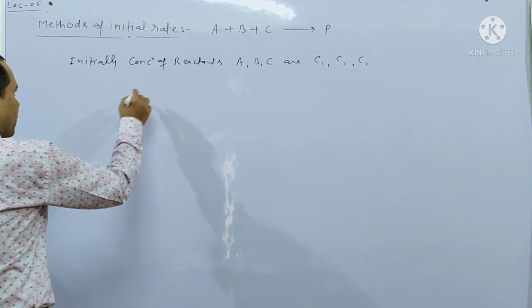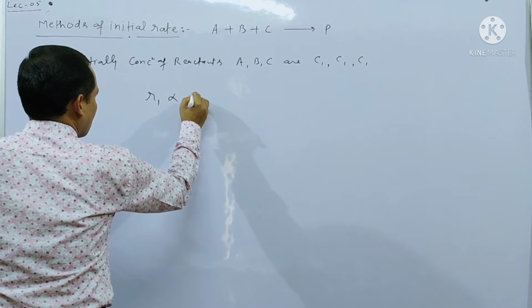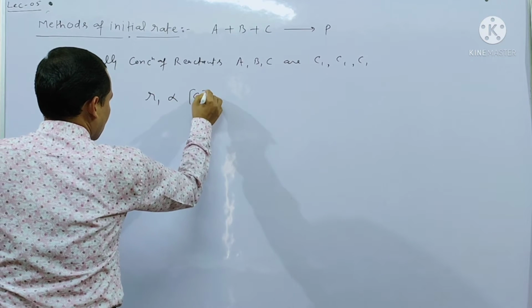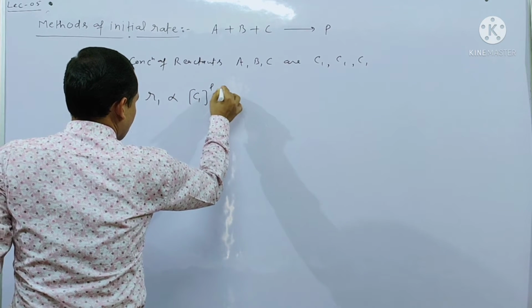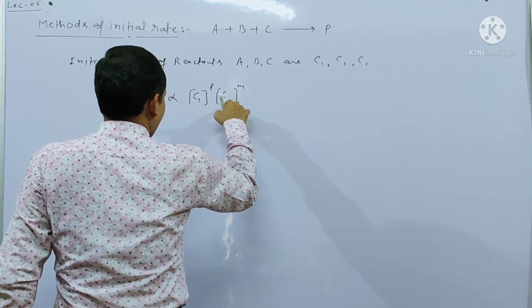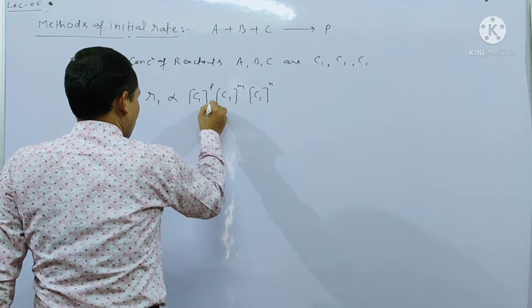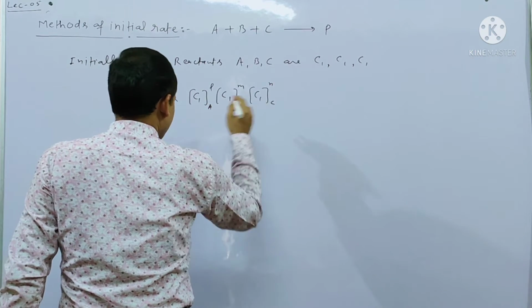Then we can write the rate R1 directly proportional to C1 to the power L, C1 to the power M, and C1 to the power N. This is for A, this is for B, and this is for C.